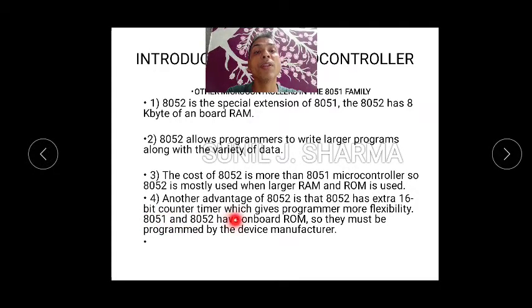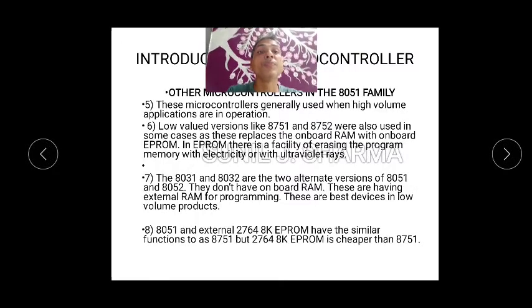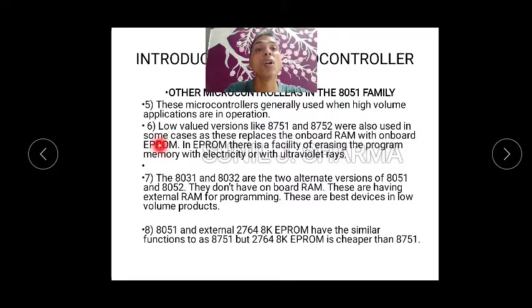8052 and 8051 have onboard ROM, so they must be programmed by the device manufacturer. These microcontrollers are generally used when high volume applications are in operation. No-ROM versions like 8751 and 8752 were also used in some cases, as these replace the onboard ROM with onboard EPROM.